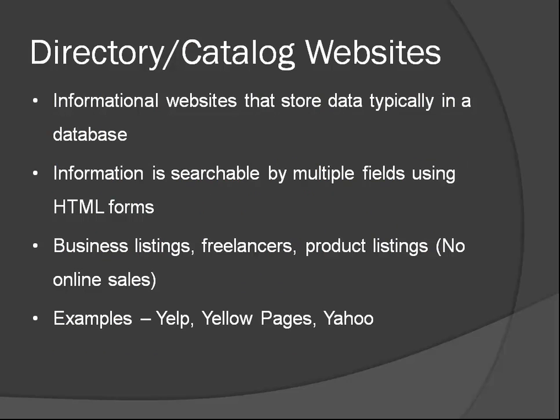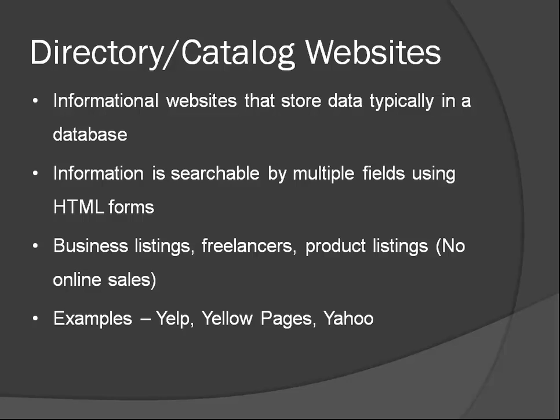So next we have directory or catalog websites, and these are usually informational websites that store data in a database. You can have a product catalog, but if you're doing online transactions, it's an e-commerce site. A catalog site basically has products, but you can't buy them through the website.